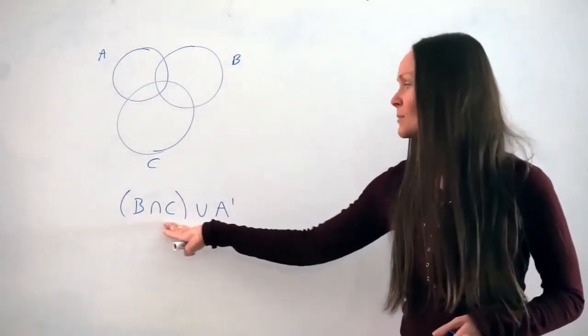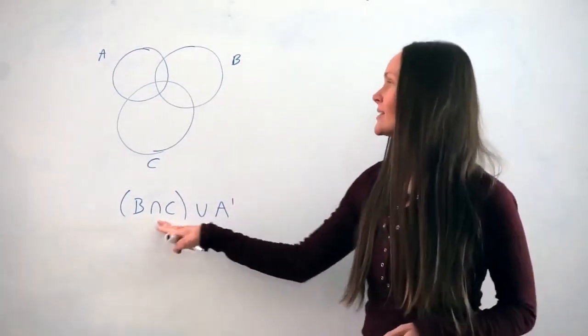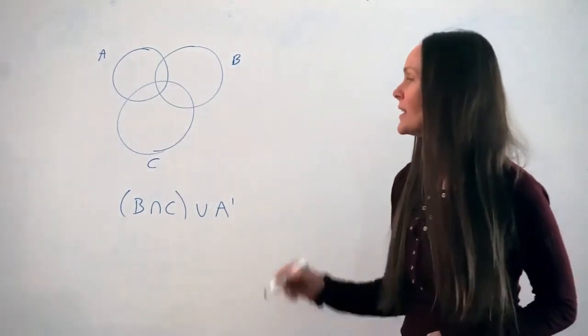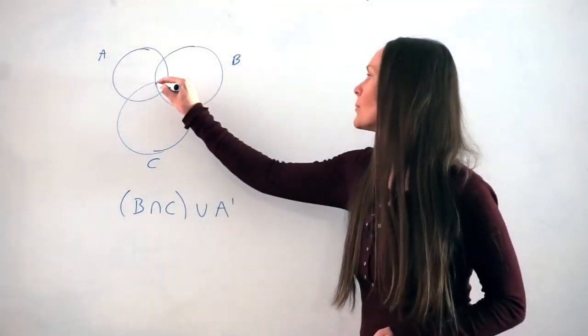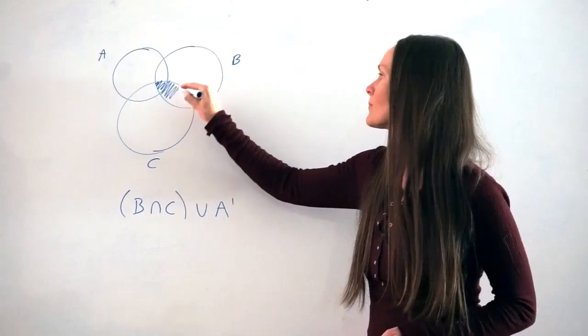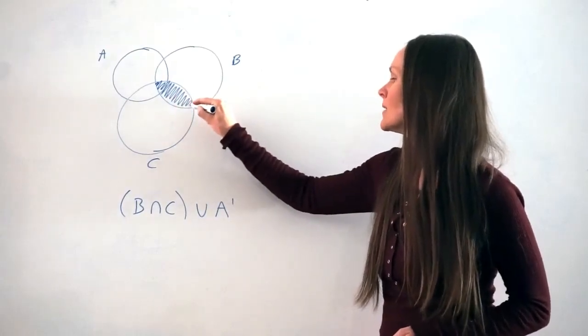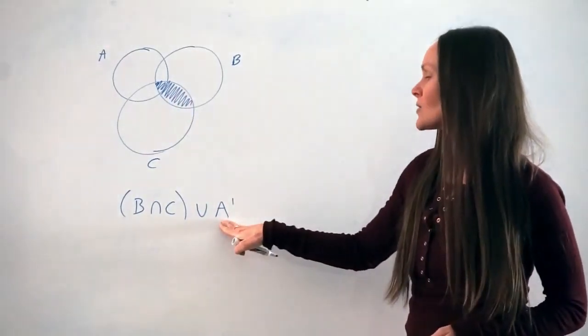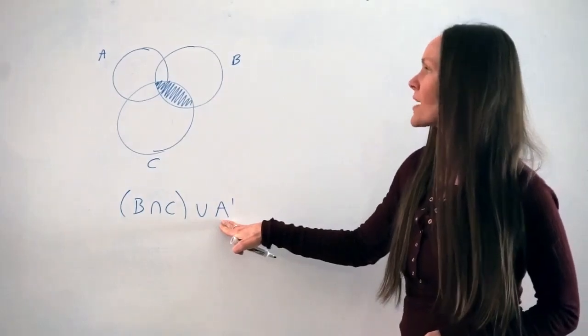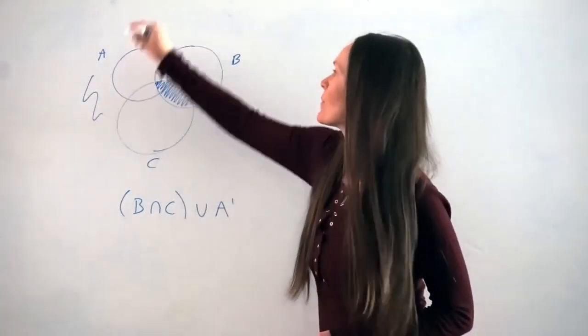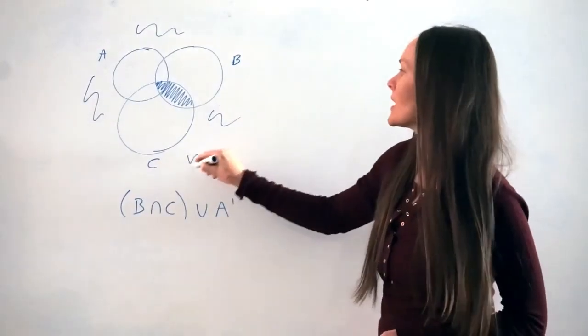Okay, so let's start with this part first, okay? So B intersection C is everything in B and C, so the overlap of the circles B and C, so just that part there. Or everything outside of circle A. So everything outside of circle A would be everything outside the circles, okay?